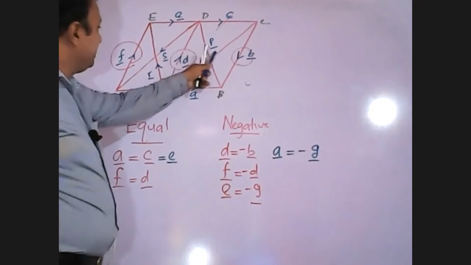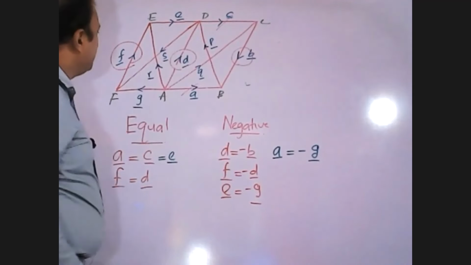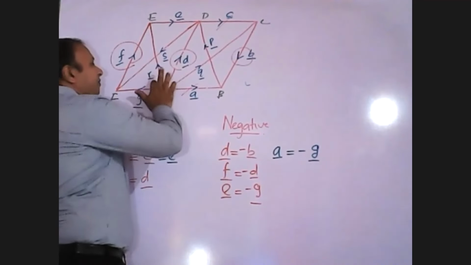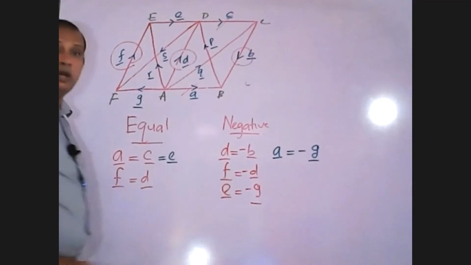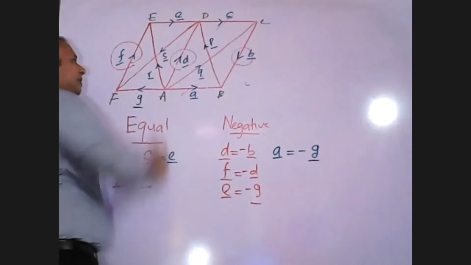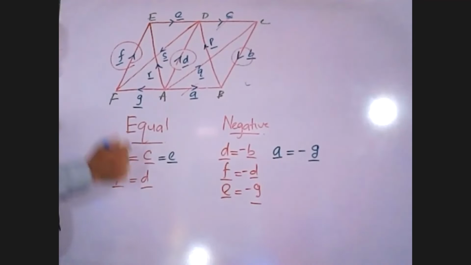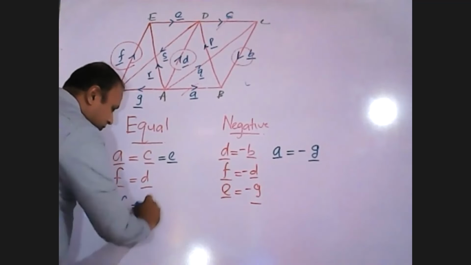Then you can clearly see R vector and P vector are equal because their arrowheads are in the same direction. Therefore, R vector should be equal to D vector.